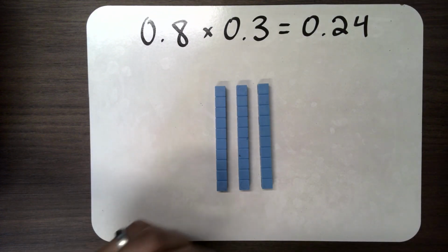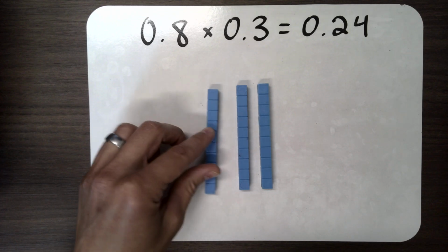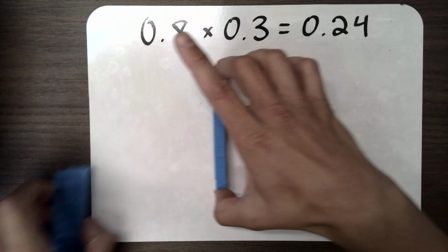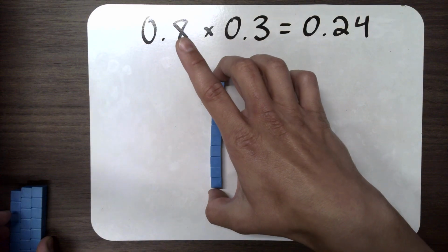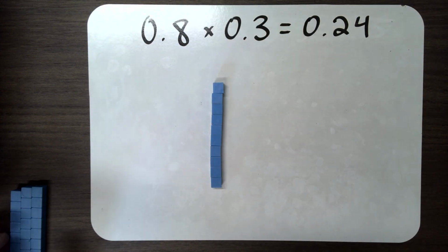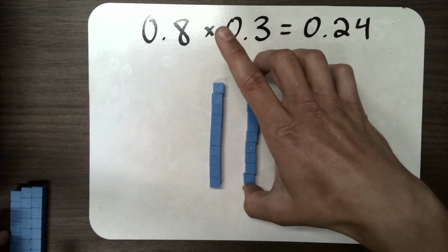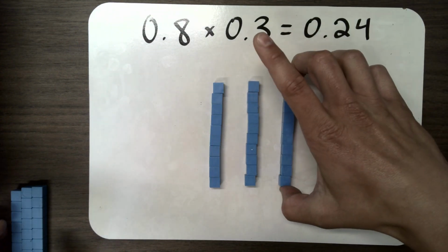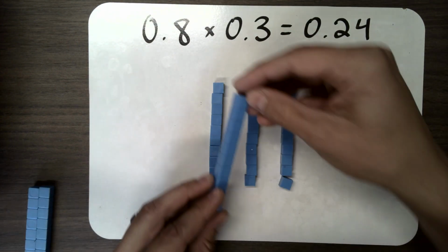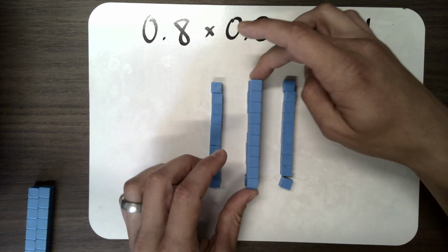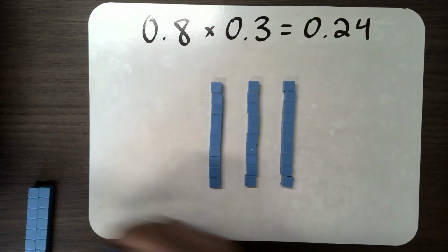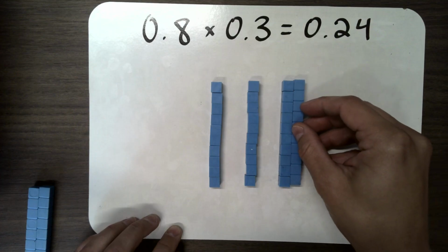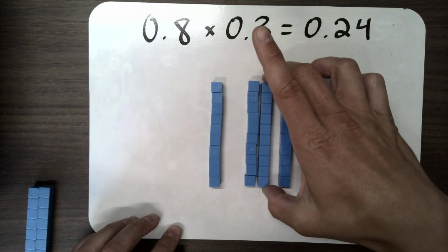In order to do that, since we can't break these pieces apart, we'll trade this out for groups of 10/100ths. Those will be the same size as our tenths, but now we're able to break them apart. So we're still thinking of this as 3/10.